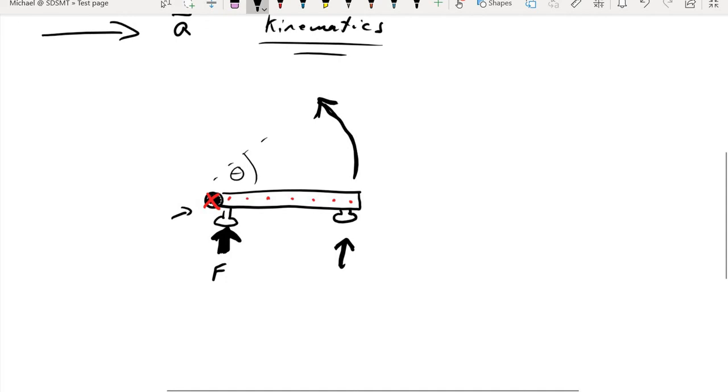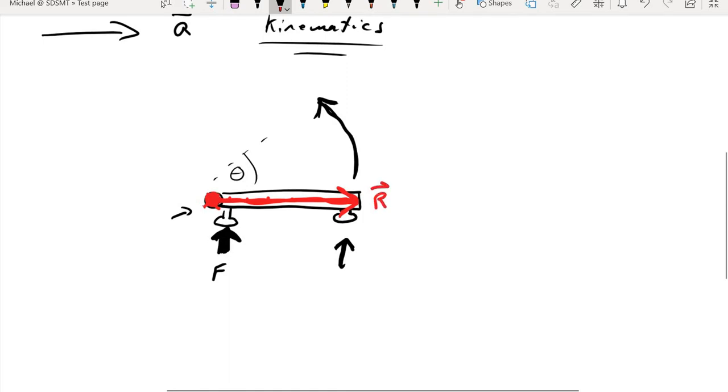And what we're going to do is take all of these possible placements of force and turn this into a vector. We're going to say that starting from the pivot or the hinge and then pointing outwards, this is going to be our radial vector.